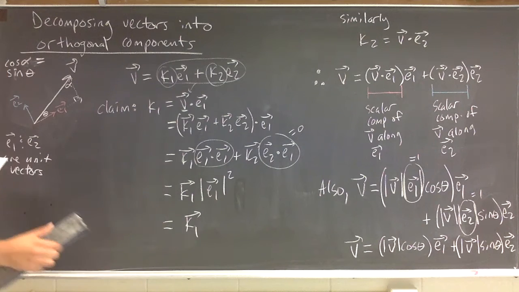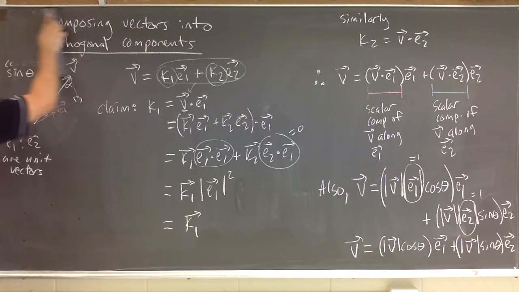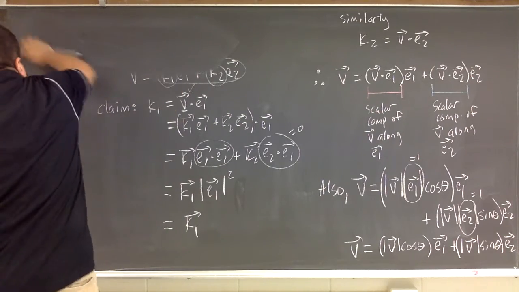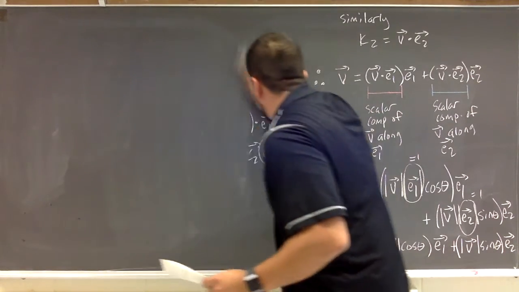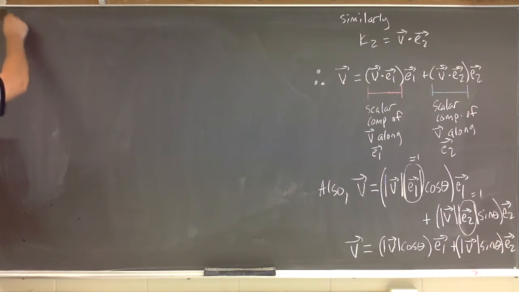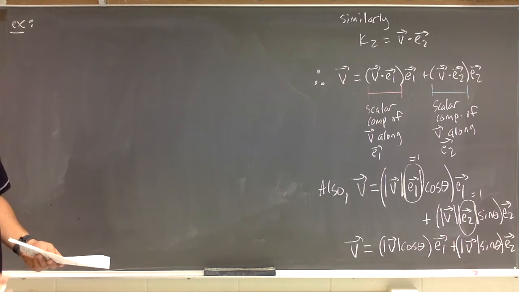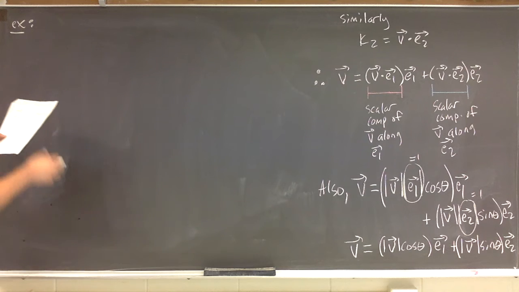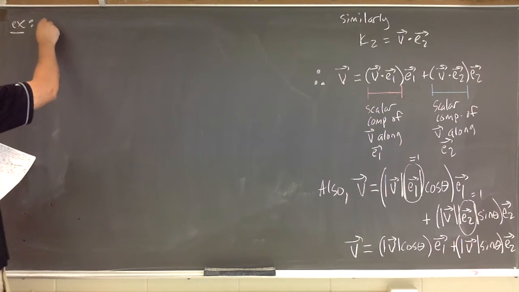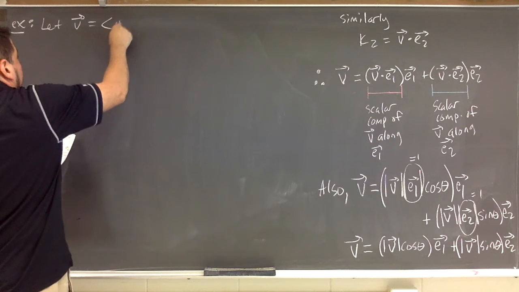So, let's go ahead and do an example now. I'm going to set it up, and I recommend you pause the video, take a minute or two, try it, see what you can come up with, and then check your results. Let v equal the vector 4, 5.